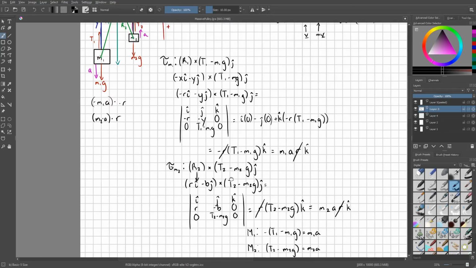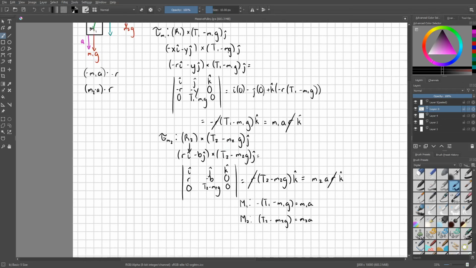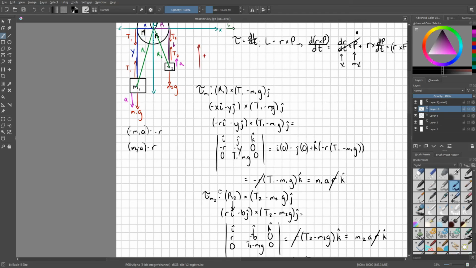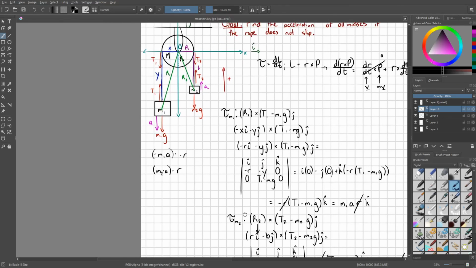But I went ahead and did it the long way because I wanted to display that this problem can very well be tackled using 3 torque equations, not 2 equations with force and 1 torque equation on the big pulley. I went to do it with 3 separate torque relationships, all about one origin.